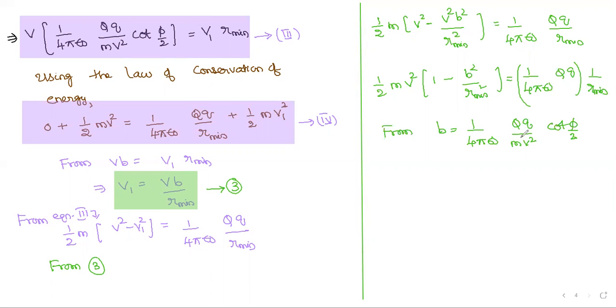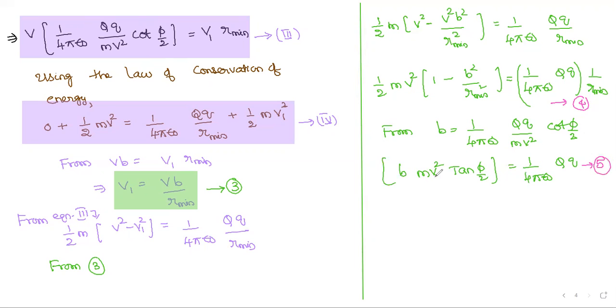So in place of 1 by 4 pi epsilon naught QQ, I take it as b into mv square into cot phi by 2 taken to the other side, that becomes tan phi by 2, is equal to 1 by 4 pi epsilon naught into QQ. This one I am going to substitute there. So simple, take it as equation 4 and this as equation 5.